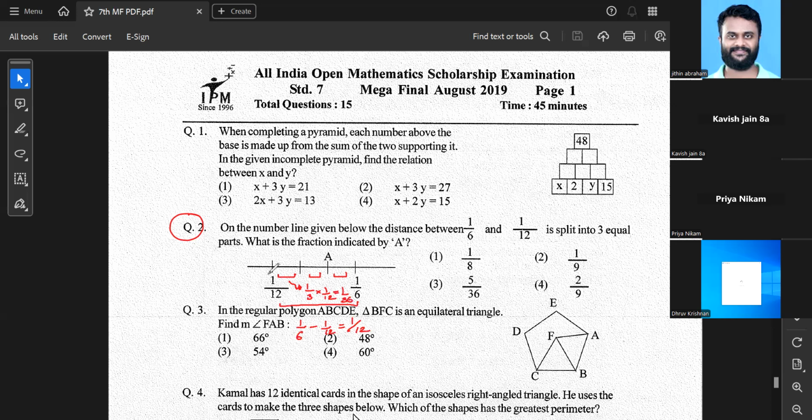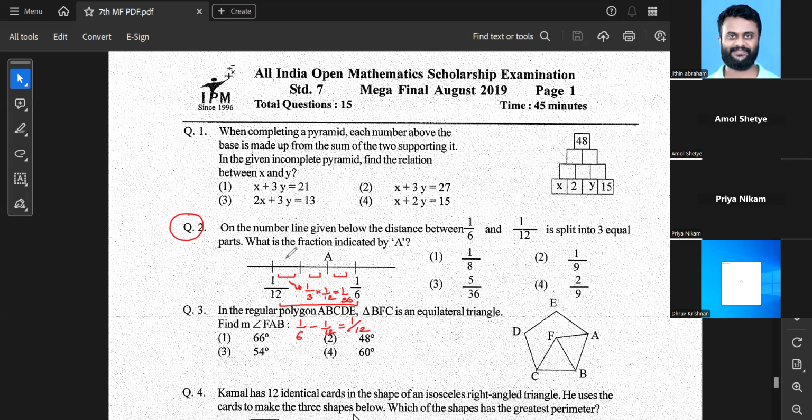I hope it's clear. Total three parts combined is 1 by 12, which means each part will be 1/3 of 1 by 12. So 1 by 3 multiplied by 1 by 12, that is 1 by 36. So far it is clear or not? Is it clear till now? Yes, sir.